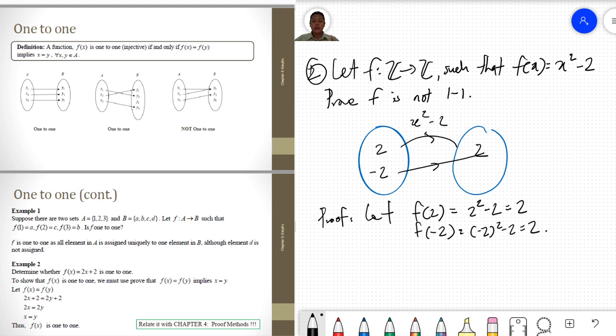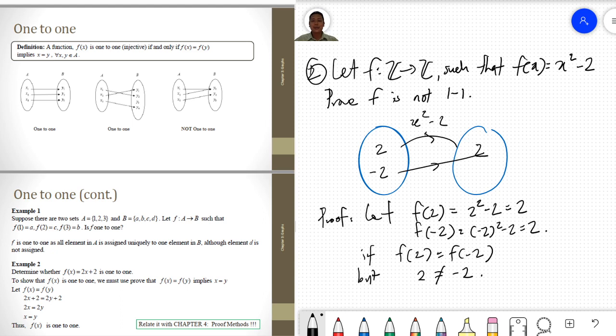Right now we have the condition: f(2) equals f(negative 2), but 2 is not equal to negative 2. f(x) equals f(y) should imply x equals y, but for this instance, f(2) equals f(negative 2), but 2 is not equal to negative 2.